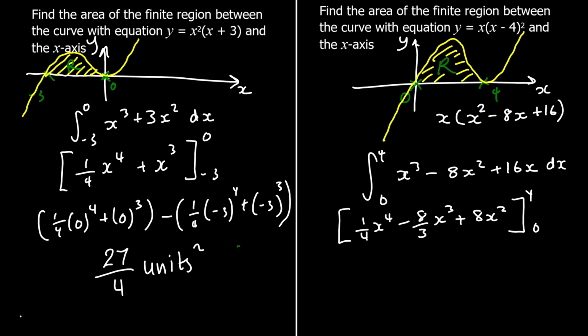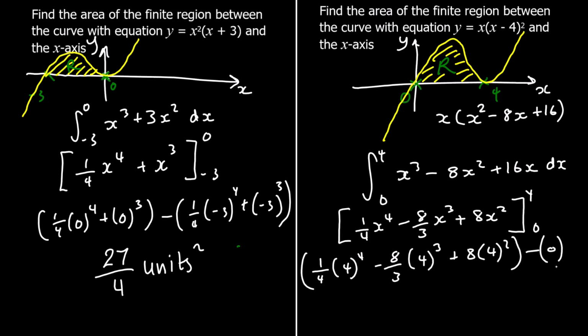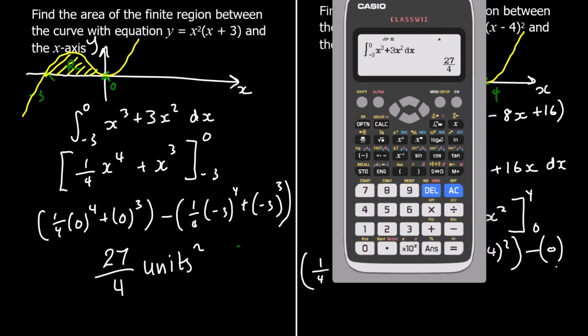Substitute in the 4 and the 0. So a quarter times 4 to the power of 4 minus 8/3 times 4 cubed plus 8 times 4 squared. And then the second bracket is just going to be 0.